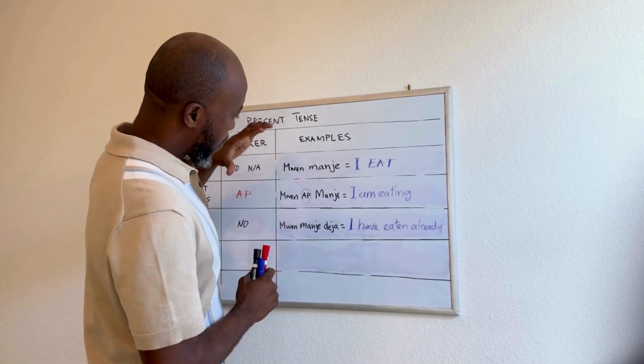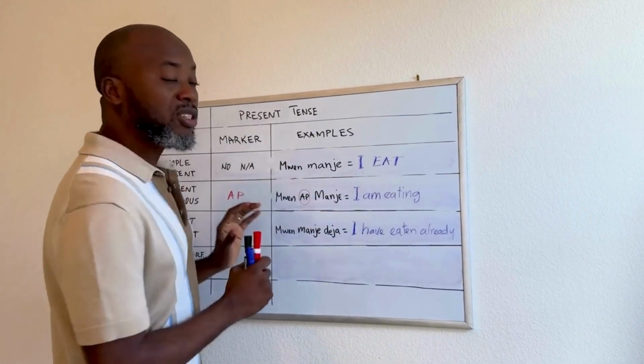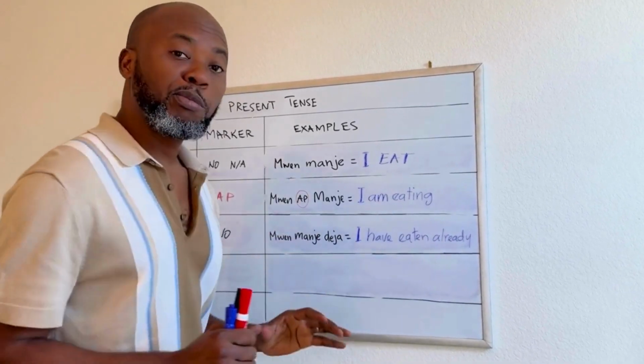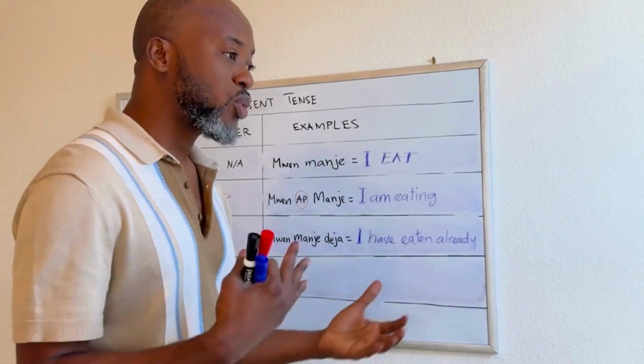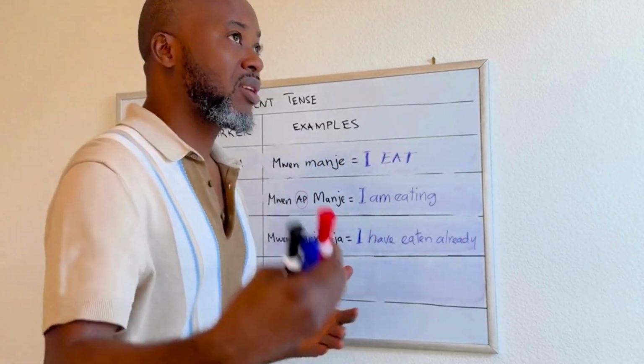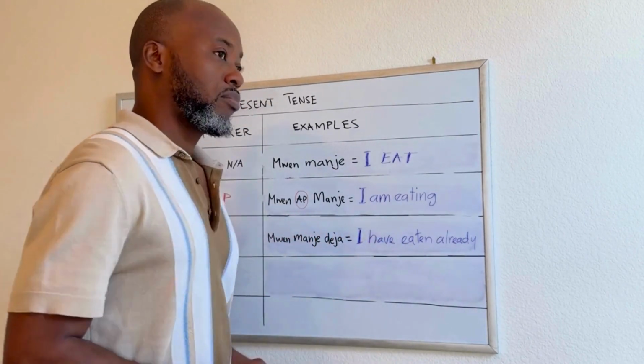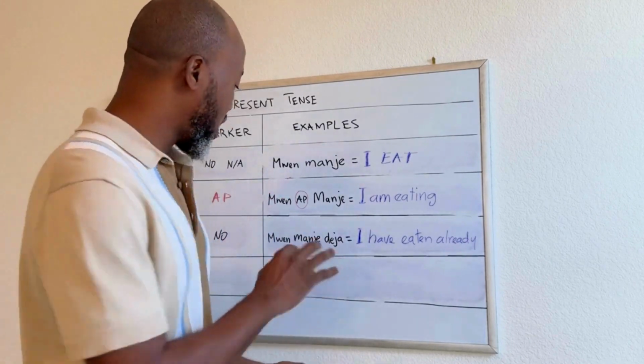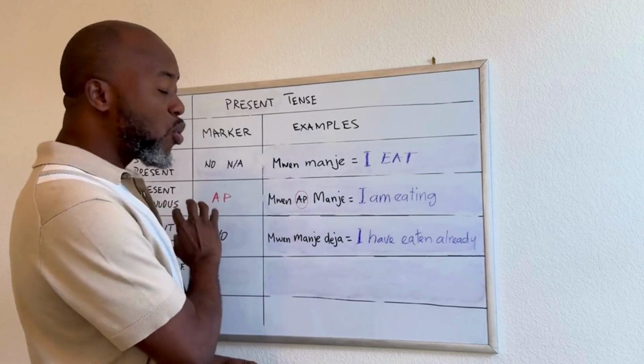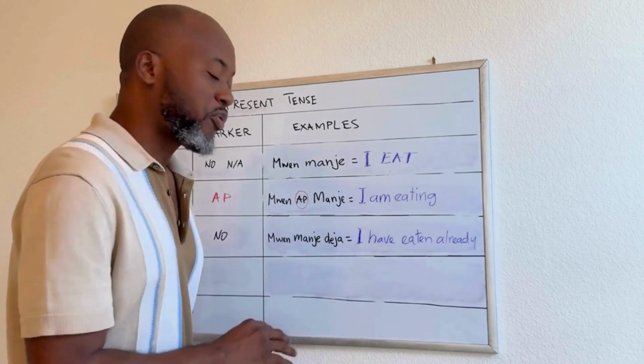It's really like the simple present, but with some additional word to indicate some passing of time. And we use déjà or bientôt. So those are the things we can use. But there's no marker for present perfect.